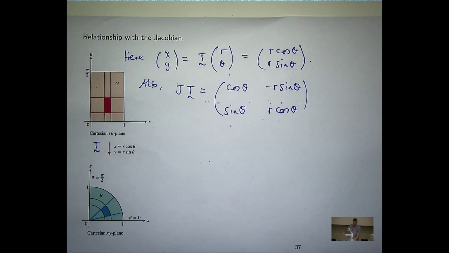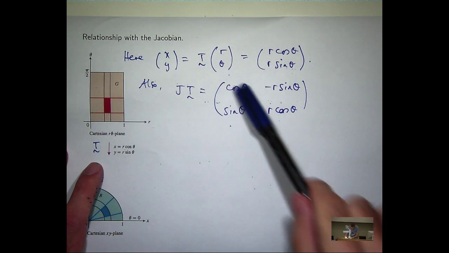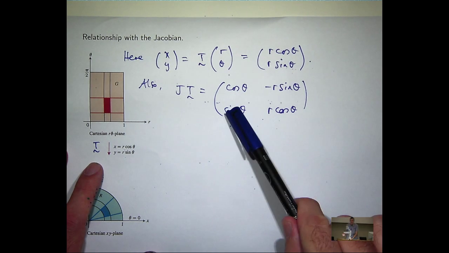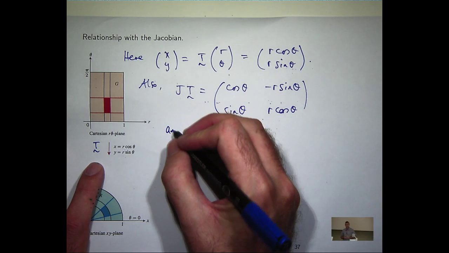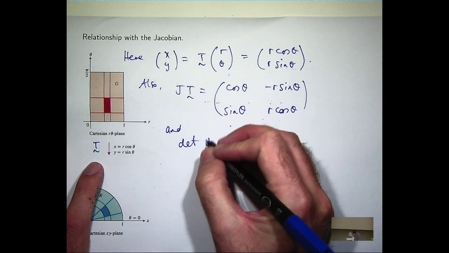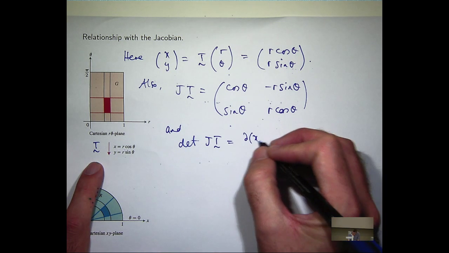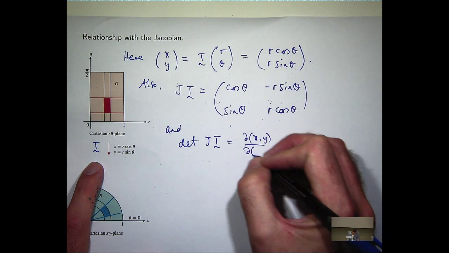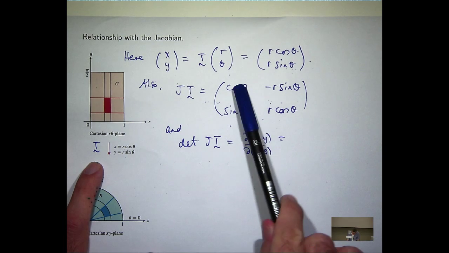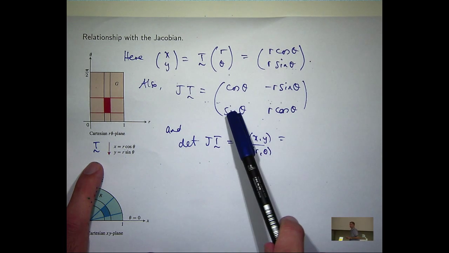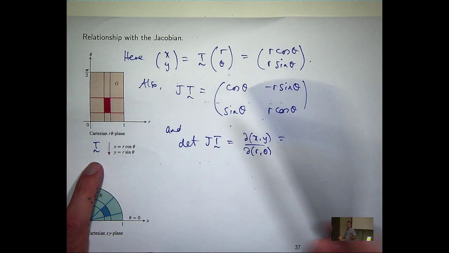Now, what's the determinant of that Jacobian matrix? Well, it's just that times that minus that times that. The determinant, sometimes we write it like this. In this case, we will. It's just that times that minus that times that. Cos squared plus sine squared equals 1.